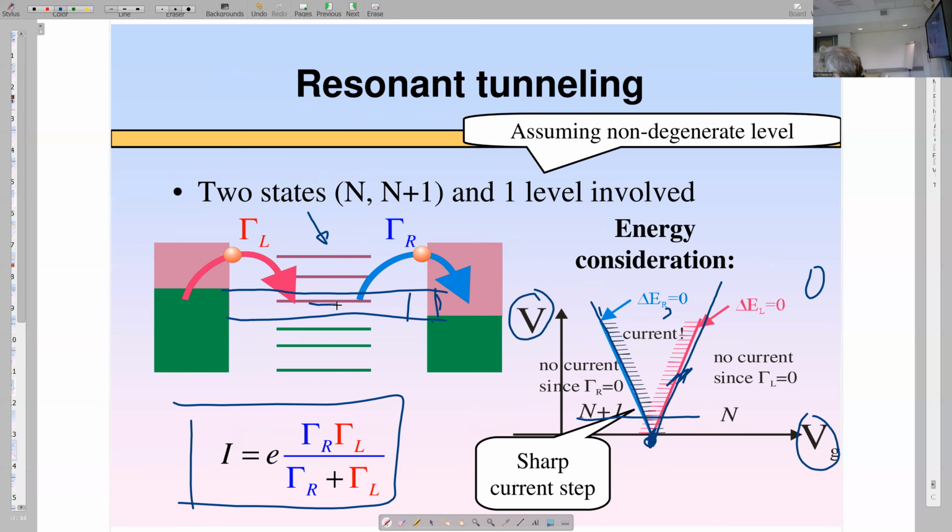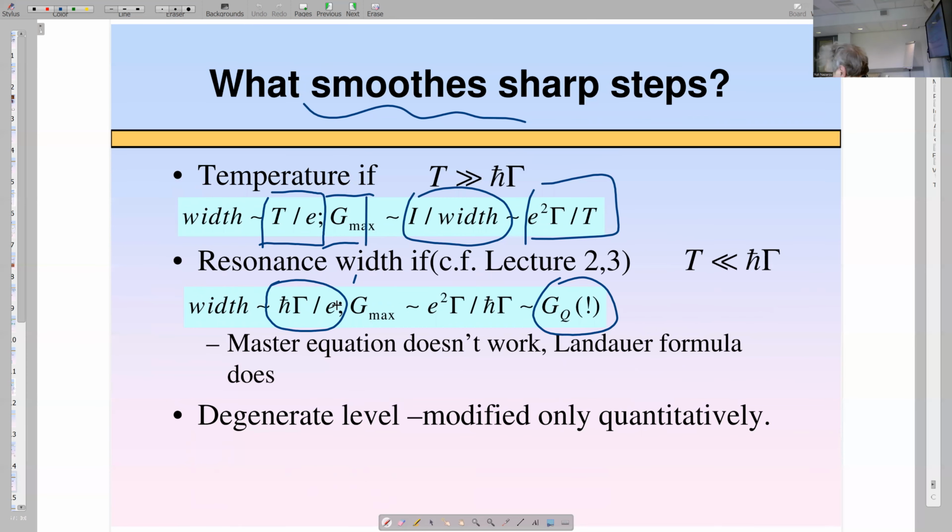It becomes much more complex and even unsolvable if the levels are degenerate, so it has two spin components. In this case, interaction effects take place, but fortunately, they modify the picture only quantitatively. The same estimations are still valid for the degenerate level.